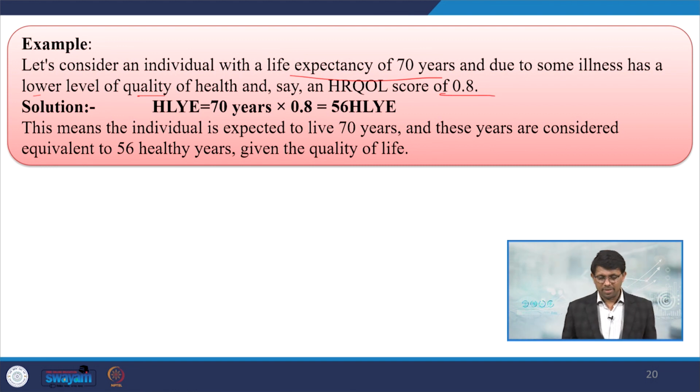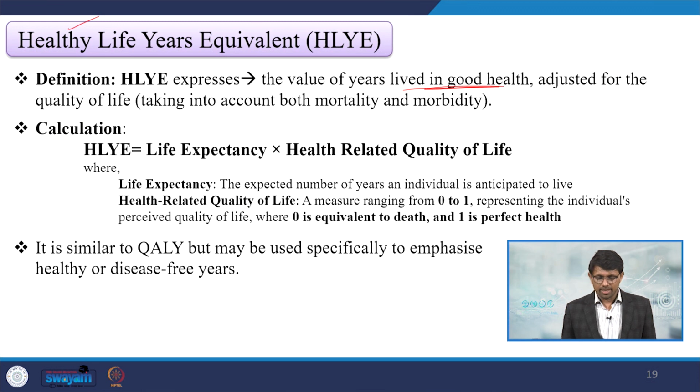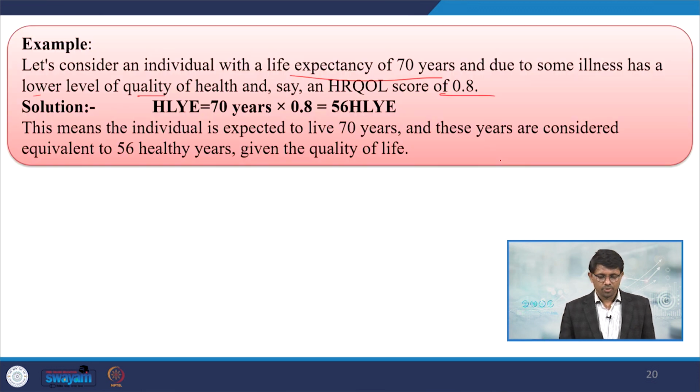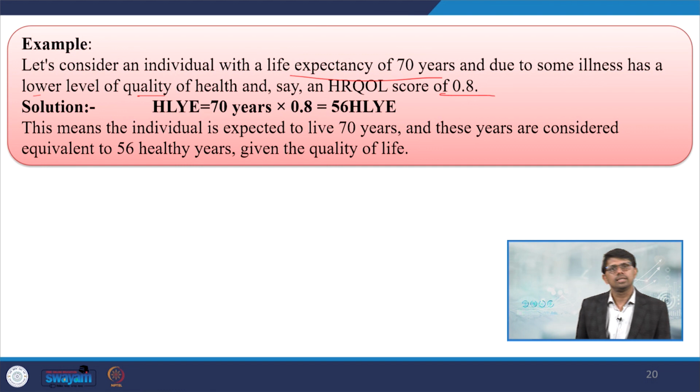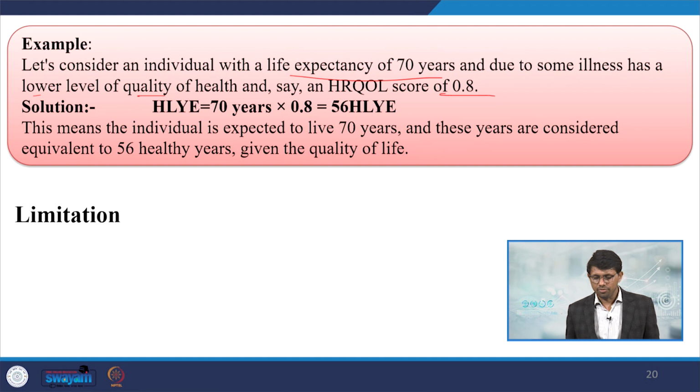The life expectancy we have already mentioned, and the HRQL figure is given as 0.8, hence in total it is 56 HLYE. This means that the individual is expected to live 70 years, and these 56 years are considered equivalent to the healthy years, given the quality of life.